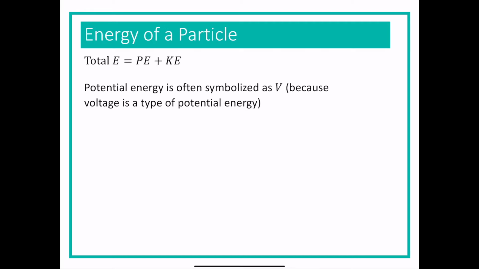All voltage is potential energy. If you have a circuit and a voltage at a particular point, that's just an amount of potential energy that's going to be lost as current travels through the next element that causes it to lose energy. So all potential energy relating to what we're doing today will be symbolized as a voltage.